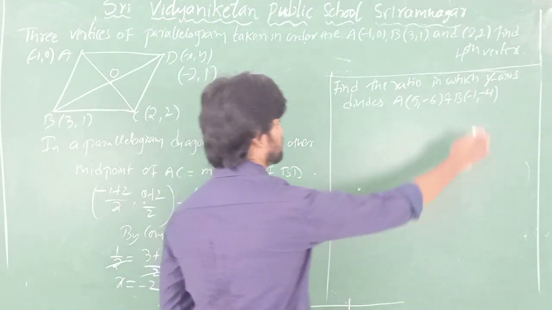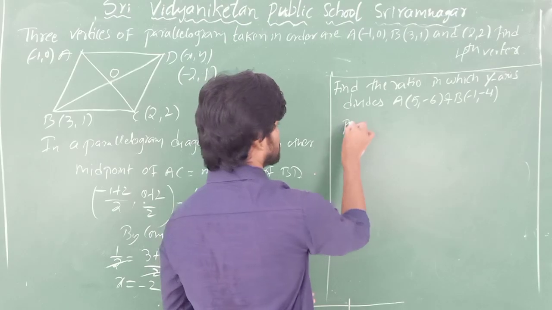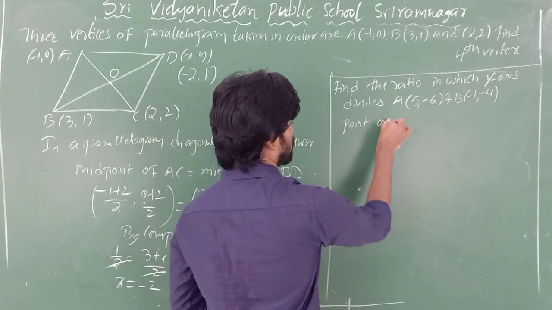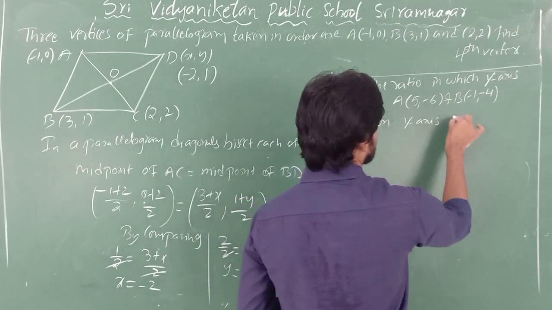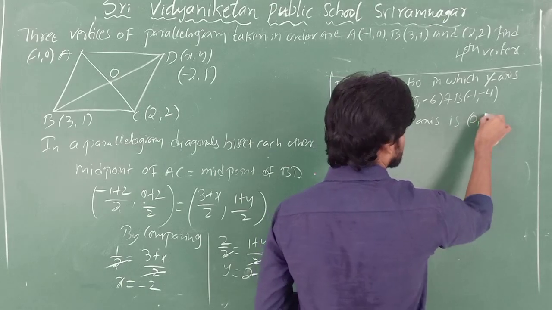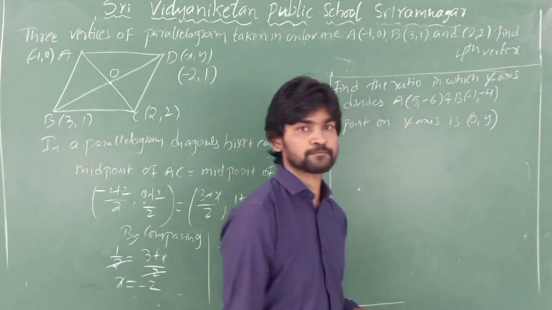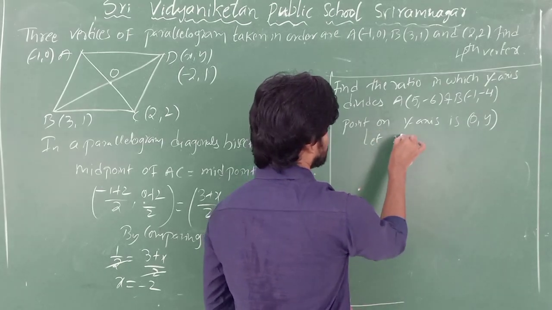Let us see how the y-axis divides. What is a point on the y-axis? Its x is 0, so the point is (0, y). Now the ratio we don't know.